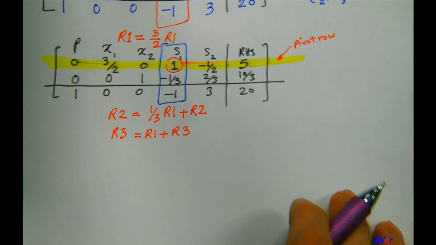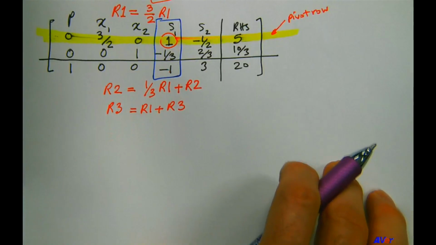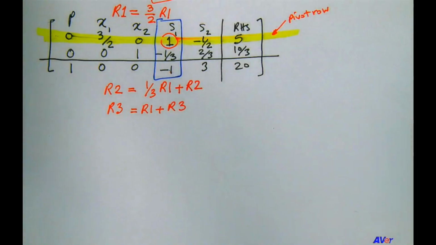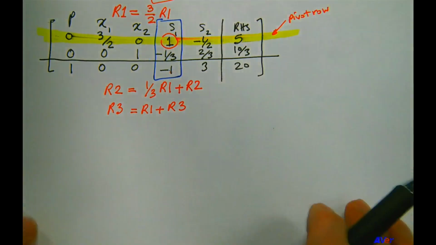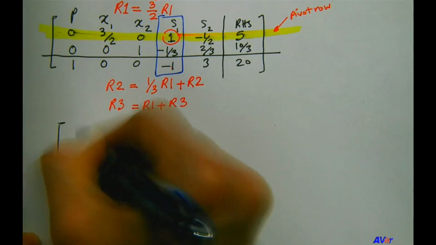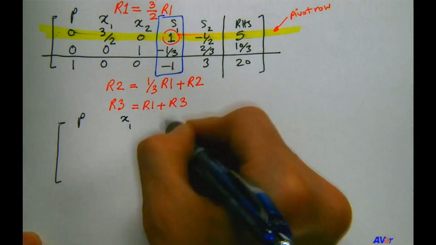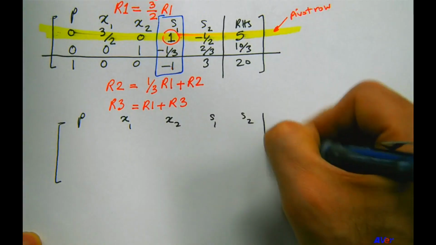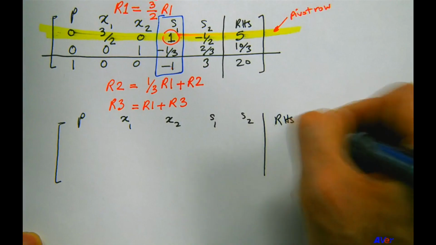Okay, so please pause the video and, according to these row operations, write down the next tableau before you see my result. Okay, I'm assuming you've done that, and now you're back. So we have P, X1, X2, S1, S2, and the right-hand side column.